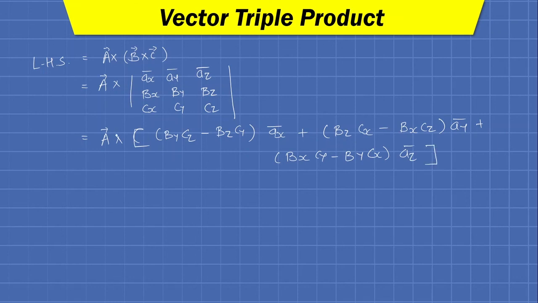Now if we perform the cross product of this term with A bar, it will be the matrix determinant of, again, AX bar, AY bar, AZ bar. The second row will be AX, AY, AZ, and the third row will be BY CZ minus BZ CY, then BZ CX minus BX CZ, and BX CY minus BY CX.